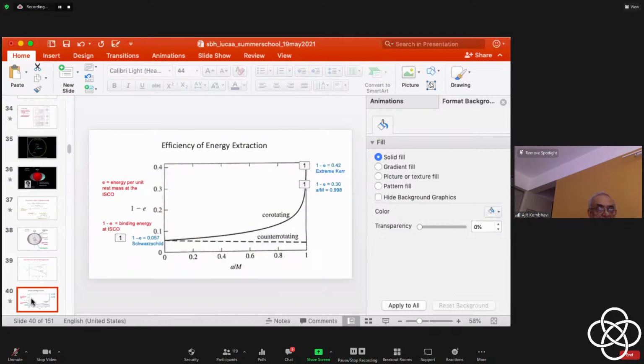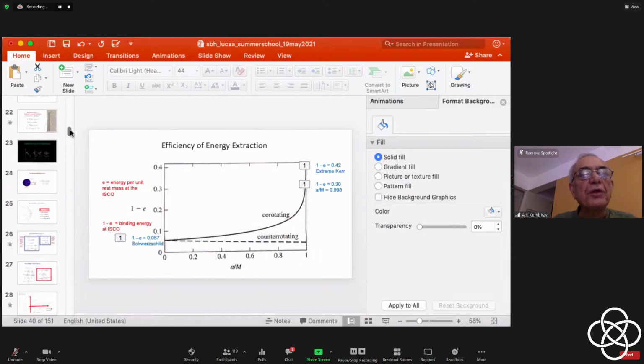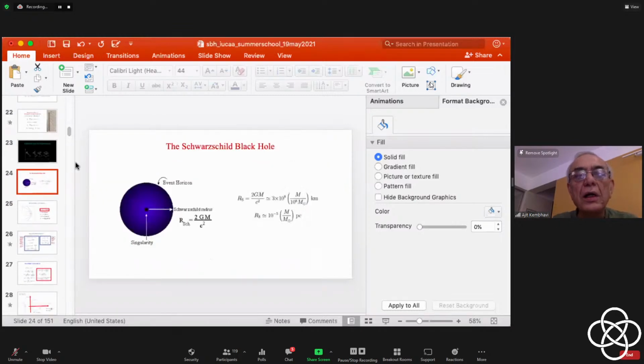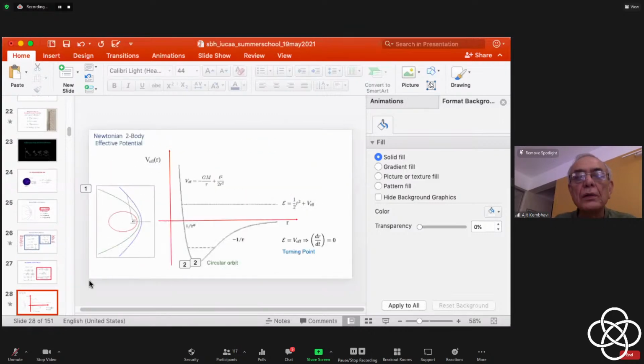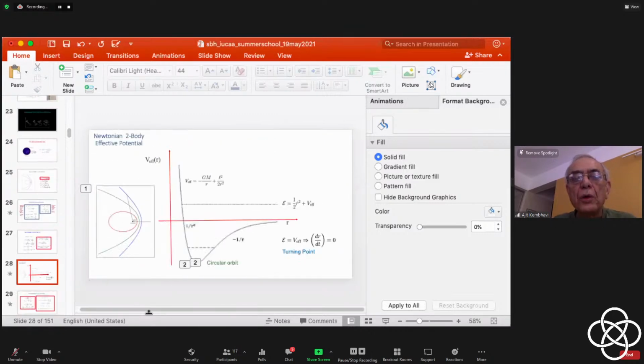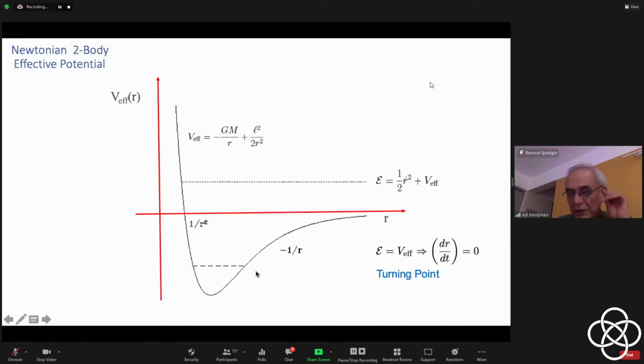But if I extract energy from the particle, let me go to that one and explain; this is an important point. Schwarzschild black hole. So just look at this one. Supposing I got a particle which is going down here, and please remember that the energy is a constant.